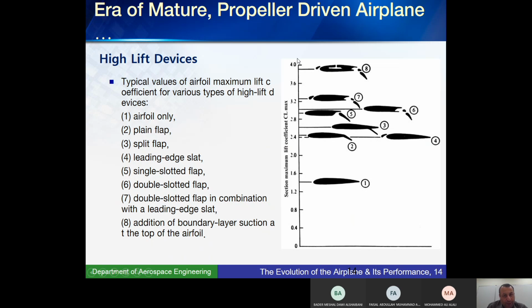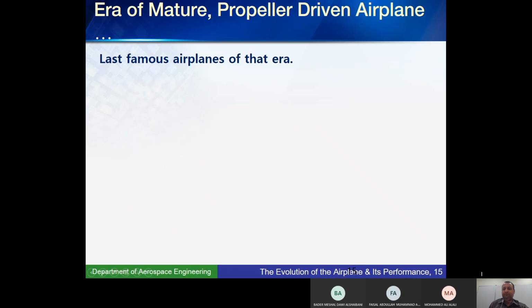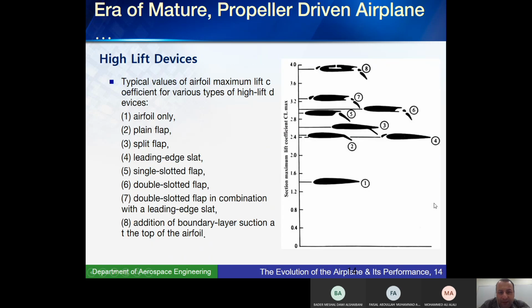Why? I assume you had this in chapter 5 in A20. Why do you use flaps? I don't want just one of you to keep answering. Okay. Let's hear a new answer. Why do you use flaps, high lift devices?